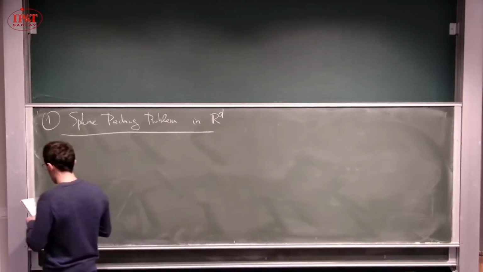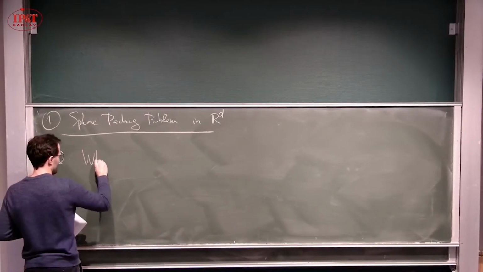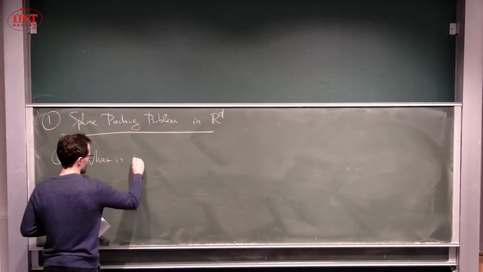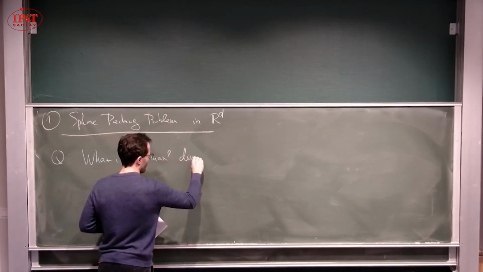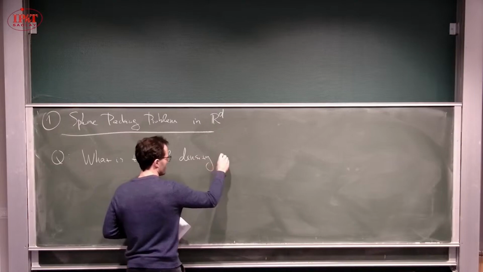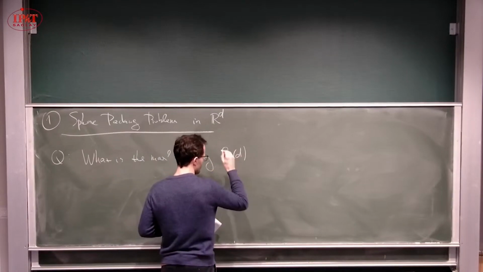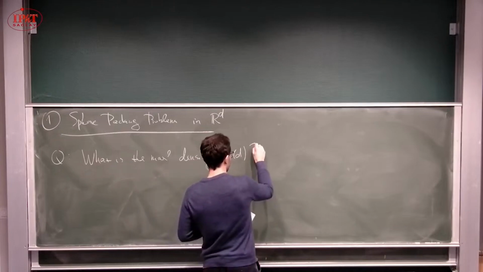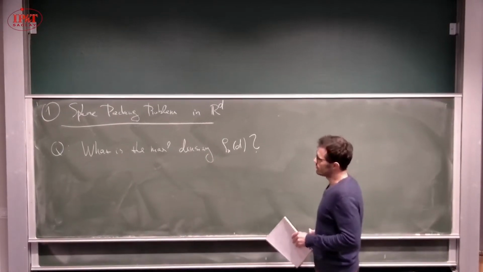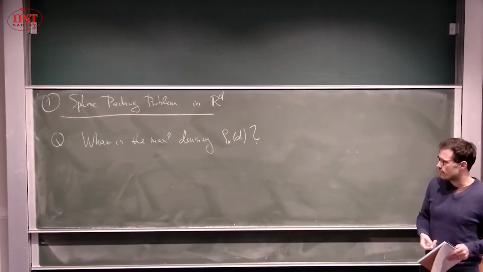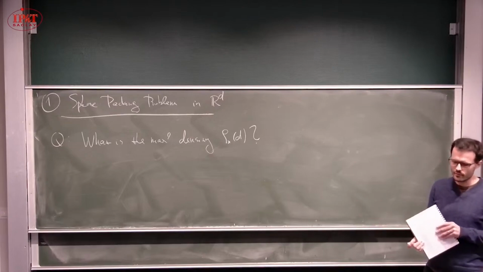And the question is, what is the maximal density, which I'm going to denote rho star of d, in d dimensions, over all sphere packings. By density, I mean the proportion of space that is on average taken up by the spheres. You can define it rigorously if you want.